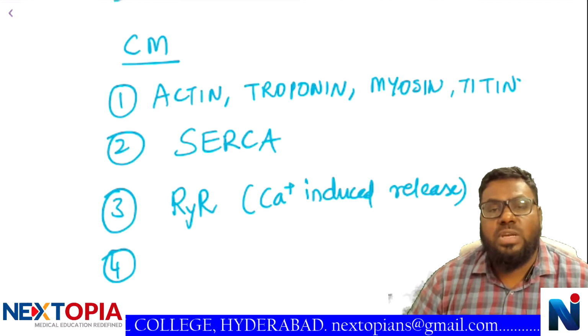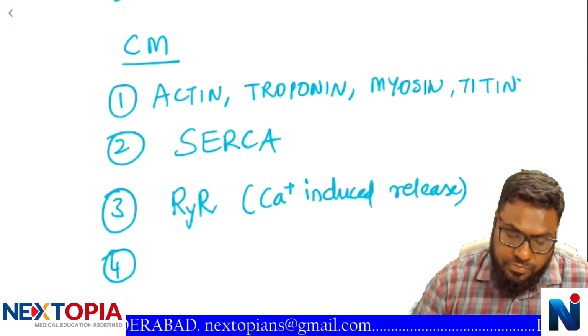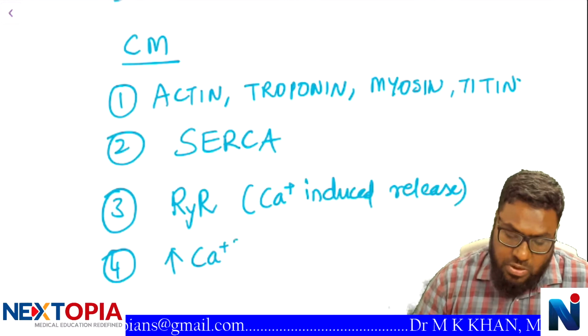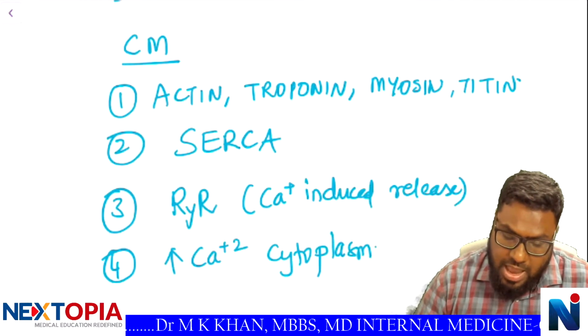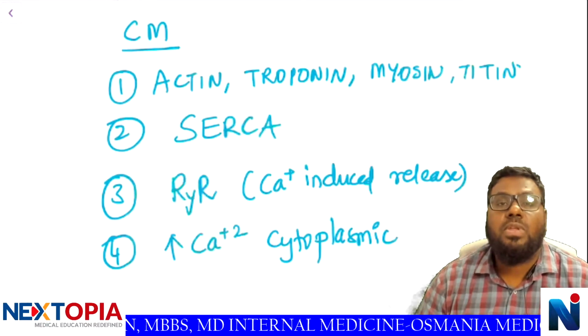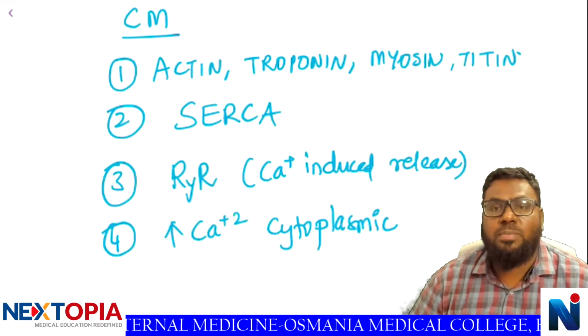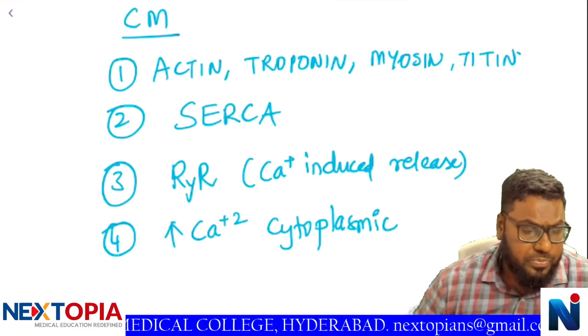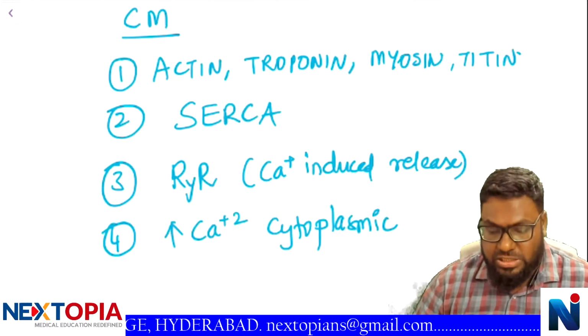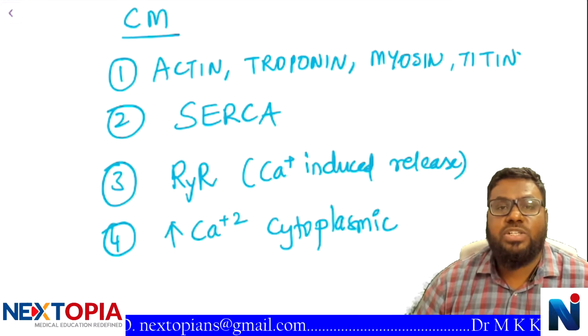Any rise in the cytosolic calcium begins the excitation contraction coupling, both in the cardiac muscle and also in the skeletal muscle. So a rise in the cytoplasmic calcium is responsible for excitation contraction coupling.